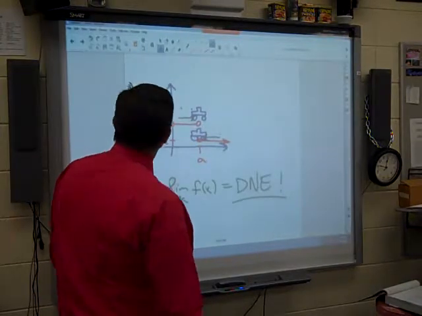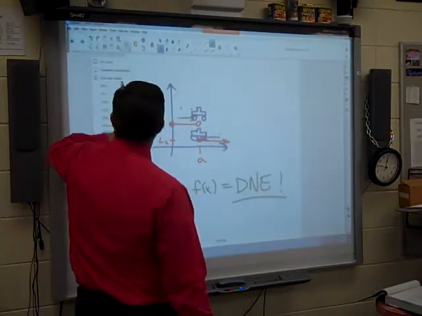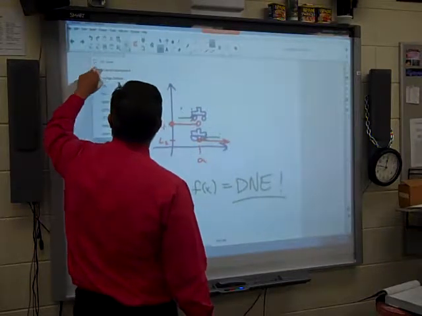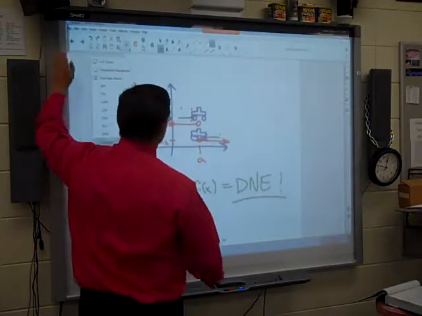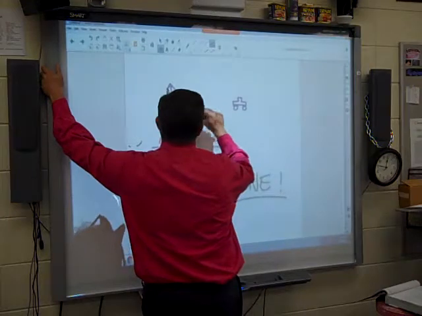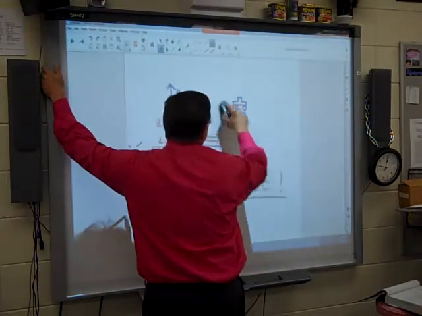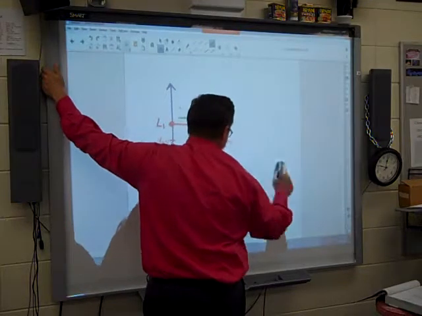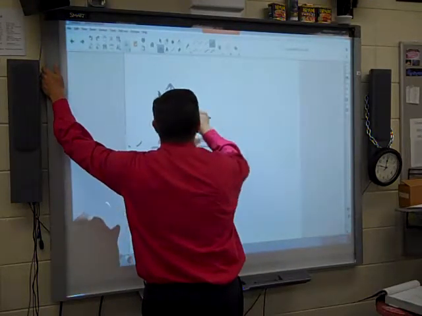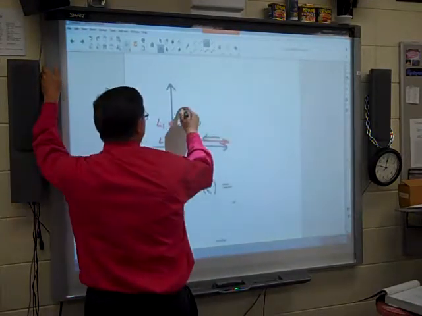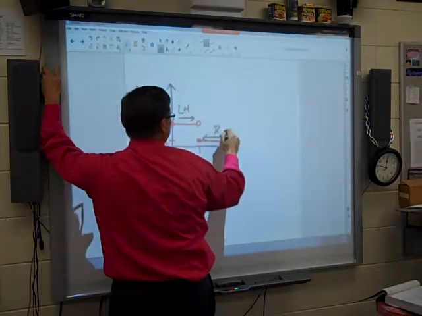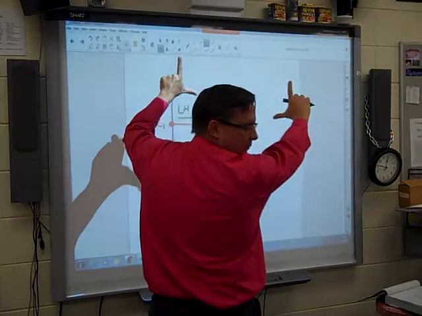In fact, it's so important that they're the same that sometimes what we do is this for notation. This is the left hand, this is the right hand. If I hold up my fingers, it helps me sometimes.